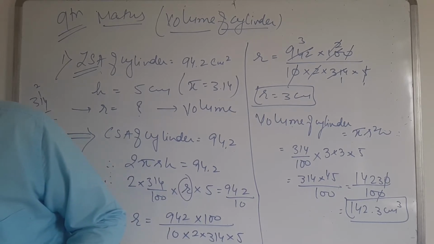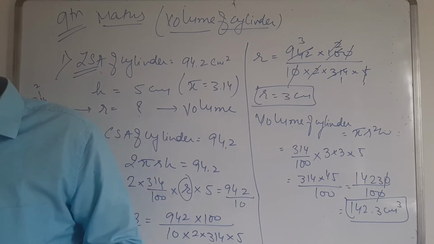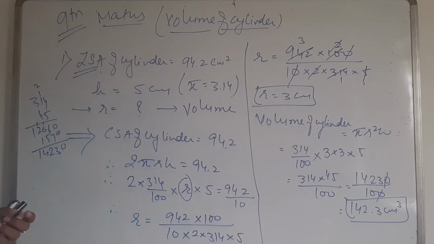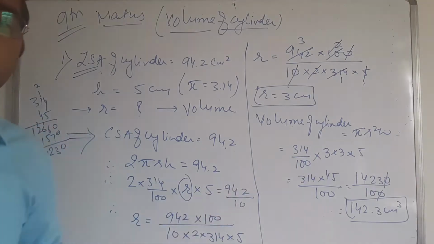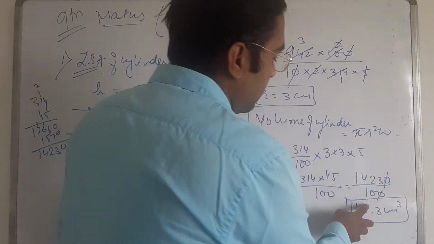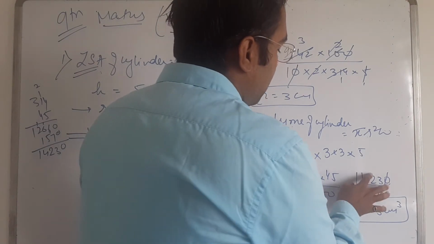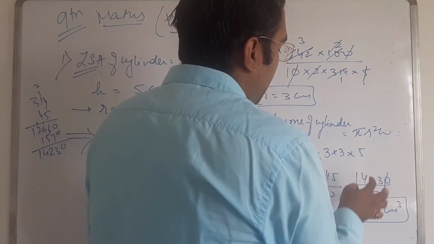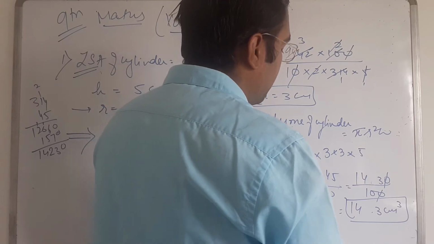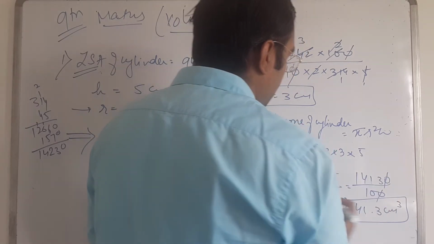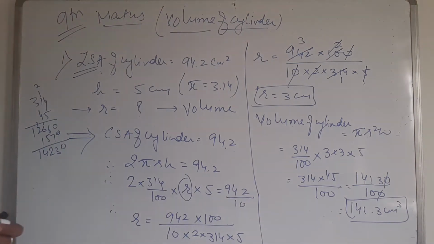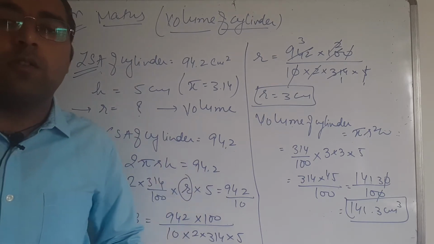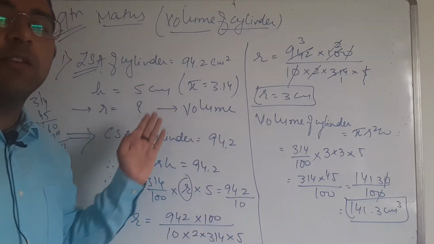Clear, students? Here is some mistake, that is 141.3. Here is my calculation mistake, it is 141.3 centimeter cube. Okay. So students, please note down this question, note down this answer.